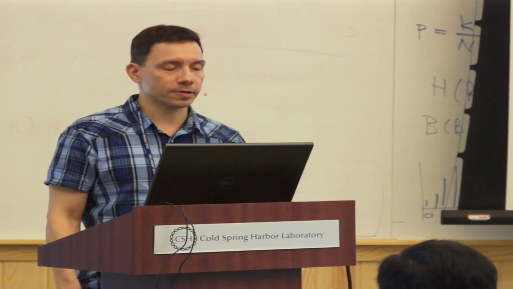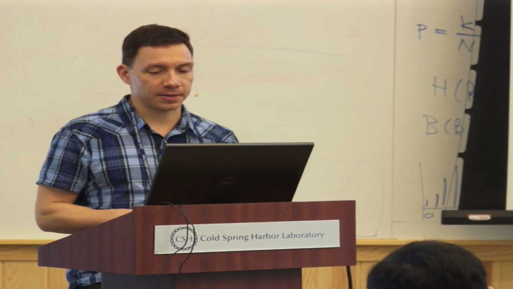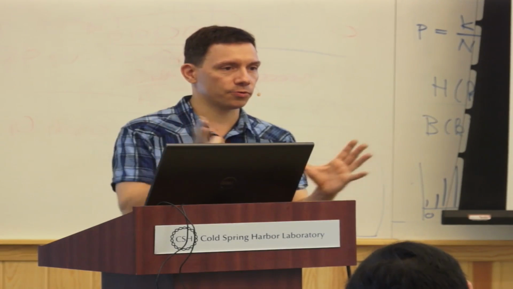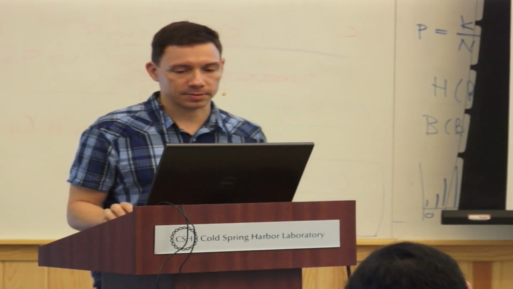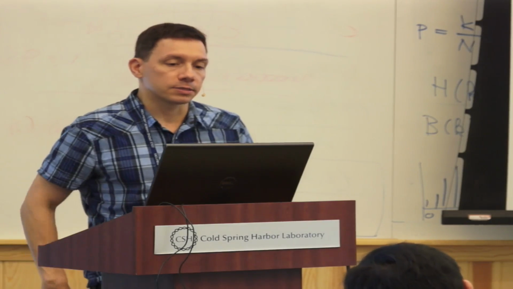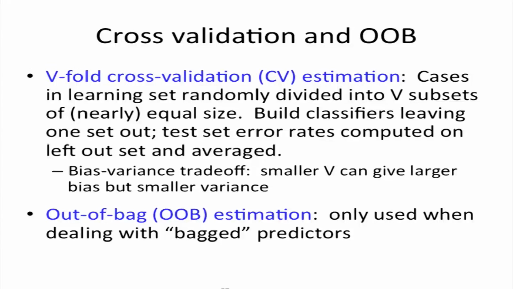Now, that would literally arrive at an unbiased estimate of the error rate. But of course, the problem is that you have a reduced effective sample size, because you only used 100 subjects for training your predictor. So therefore, people have invented this approach called cross-validation. Let me explain that.